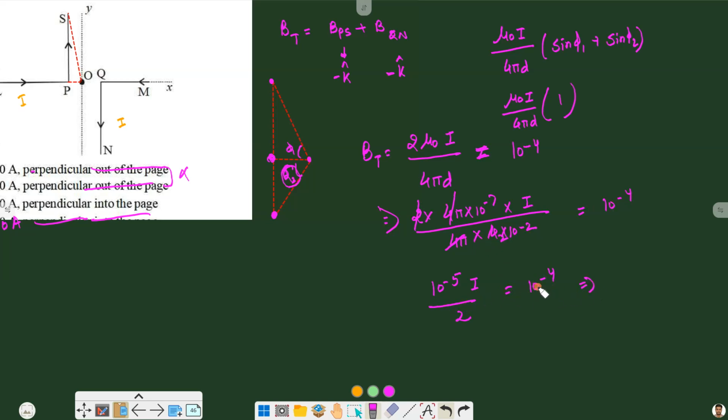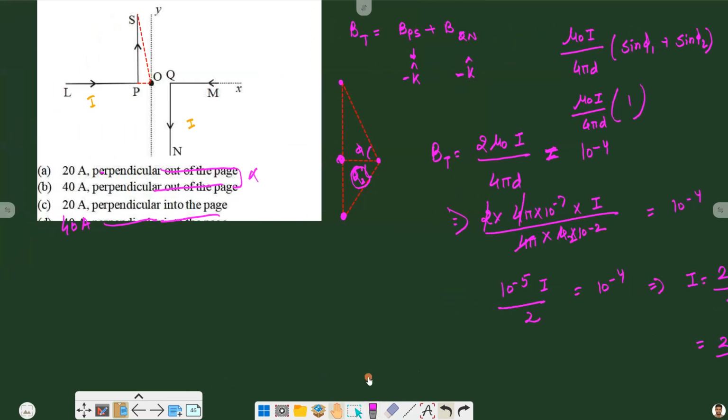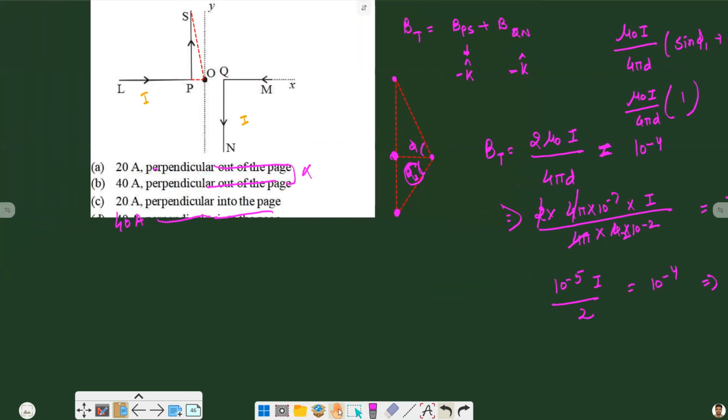We can write I is equal to 2 into 10 raised to power minus 4 by 10 raised to power minus 5, and solving this we will have 20 ampere. So option C will be the right answer, and field is into the page. Moving to the next one.